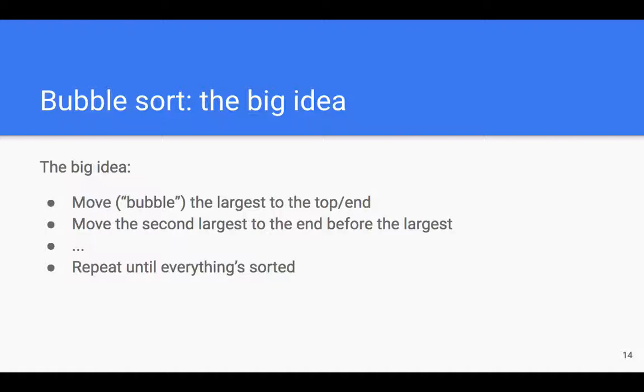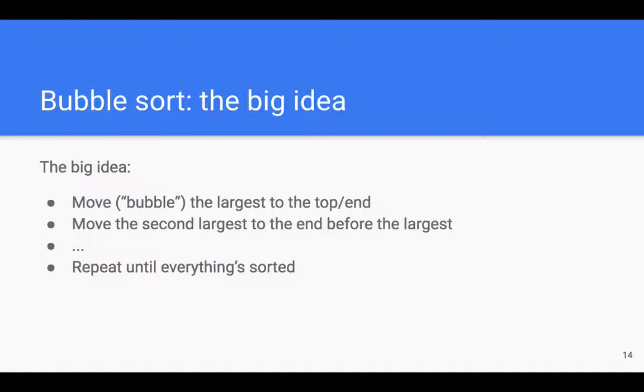It bubbles the largest to the top. In the second round, it bubbles the second largest, not all the way to the top, because the top is already occupied by the largest. So we move the second largest to right below the top, depending on whether you're looking at this vertically or horizontally.